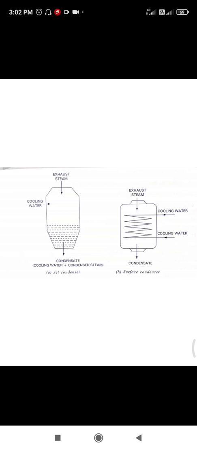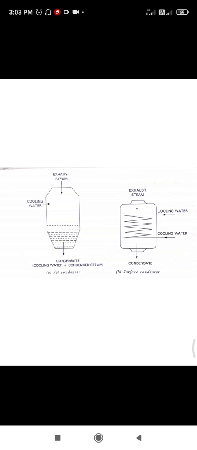Less quantity of cooling water is required in jet condensers, whereas in surface condensers, a large quantity of cooling water is required.